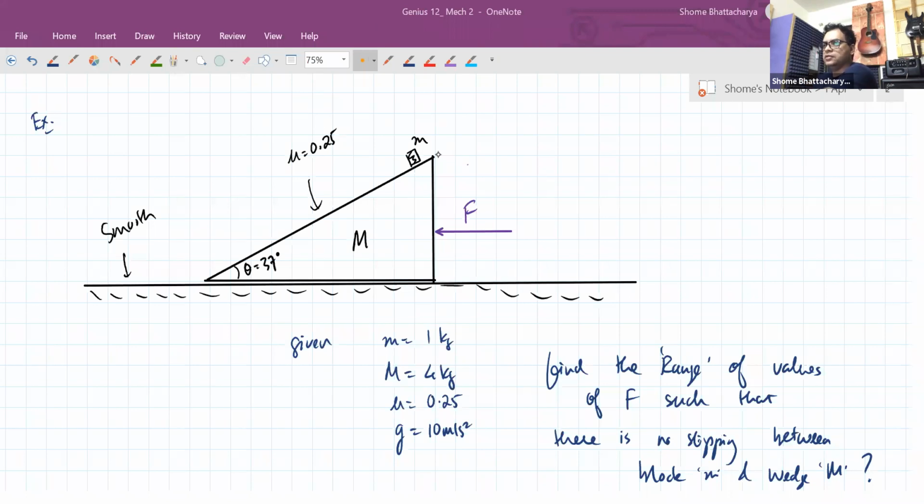This force F that we are applying is a horizontal external force.